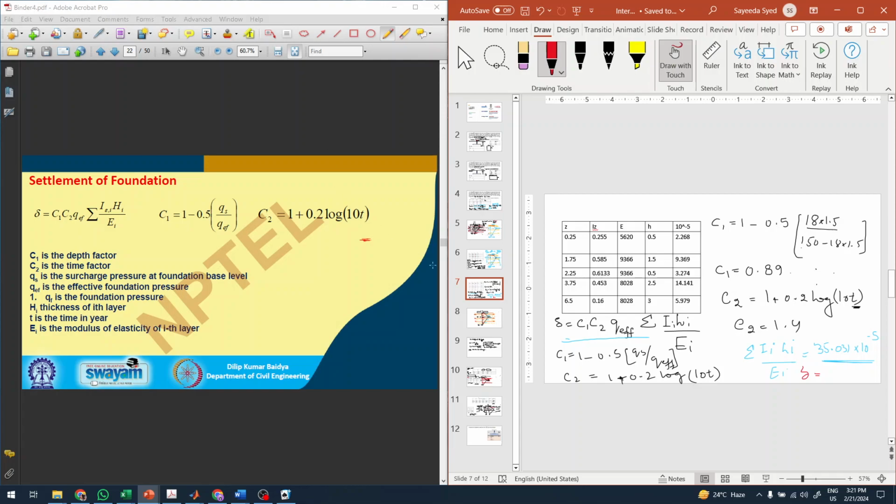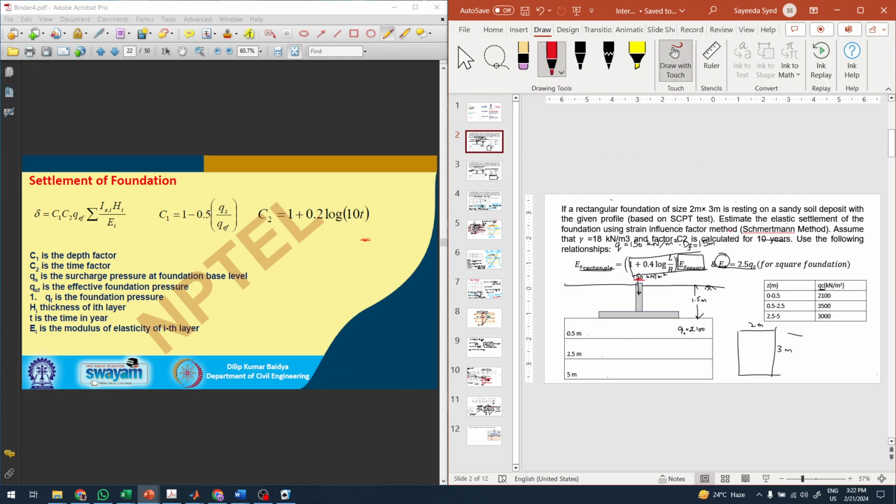The value comes out to be 0.057 meter, so the answer is 57 millimeter. Okay, so that is for this question.